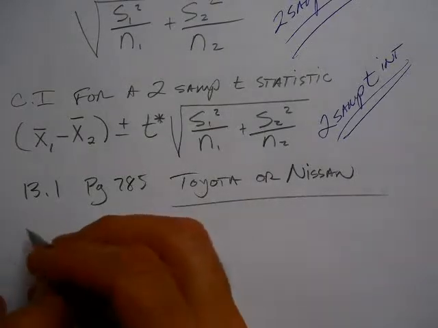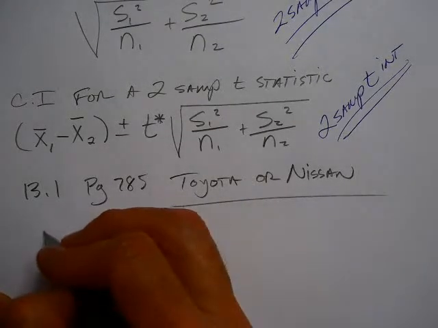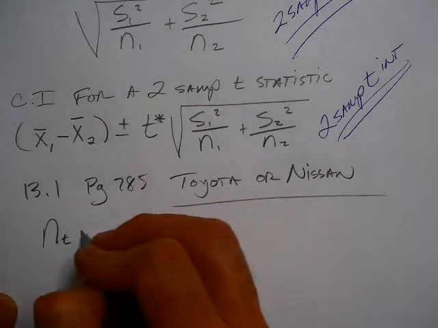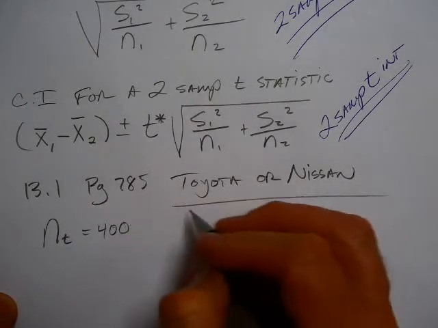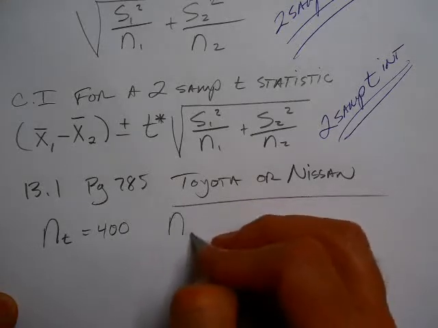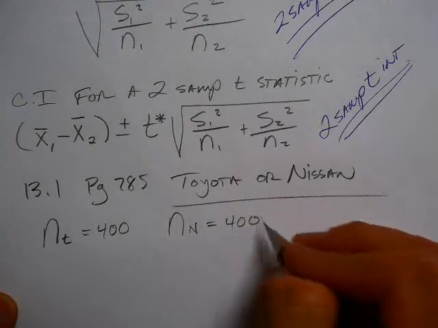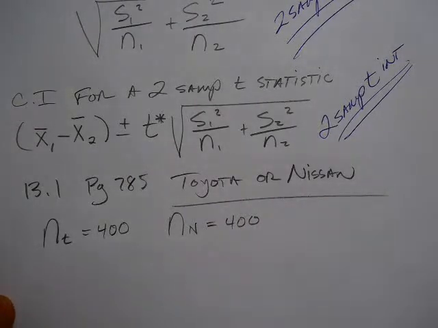All right, so I'm going to write that down. Instead of N1 and N2, I'm going to call this NT for Toyota and NN for Nissan. They've questioned 400 each. Then we'll ask each individual in the sample, would you say that you're generally satisfied with your Toyota or Nissan vehicle?